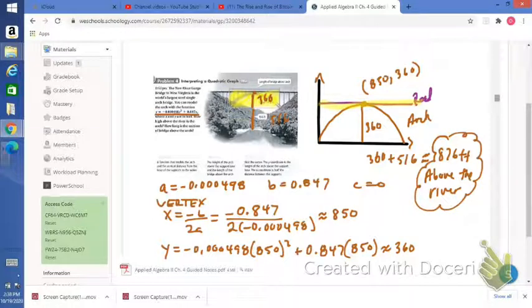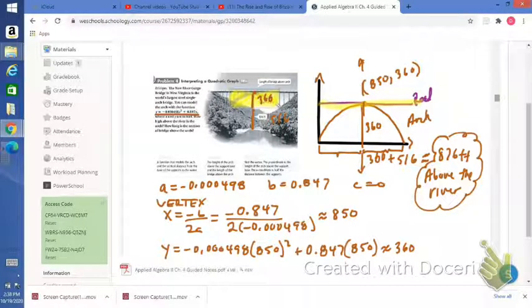Well, we know that the axis of symmetry is the vertical line x equaling 850. And what this axis of symmetry does, it basically cuts the parabola in half. So this distance right here is the same as this distance right here.